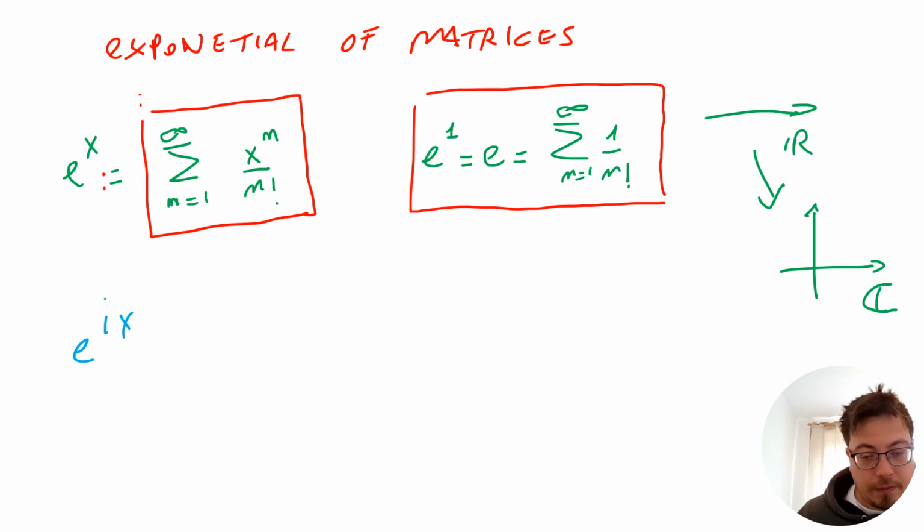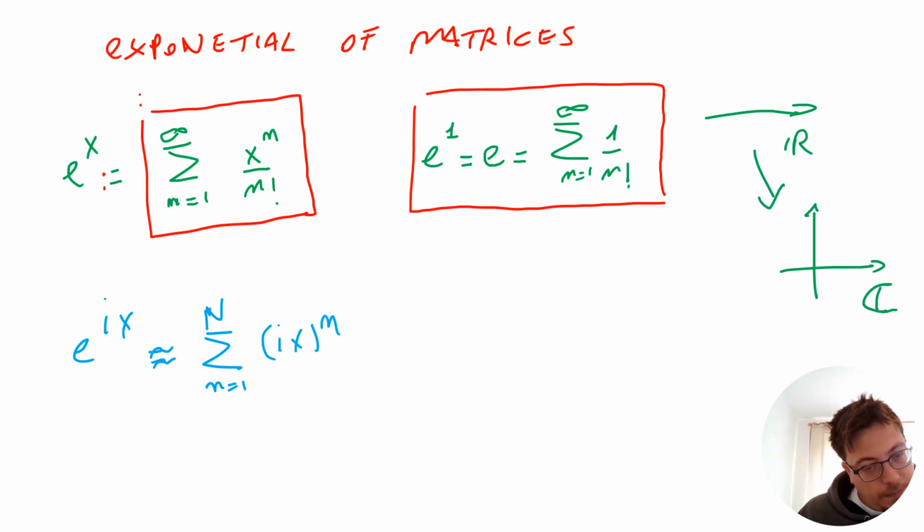What I will do is give a pragmatic point of view and try to make sense of it roughly. We take the sum of n from 1 to big N, and now instead of x we put ix, to the n, divided by n factorial. I want to let you know that I'm not cheating here, because we already know that a real number a times i is ia, a coefficient in front of the number.